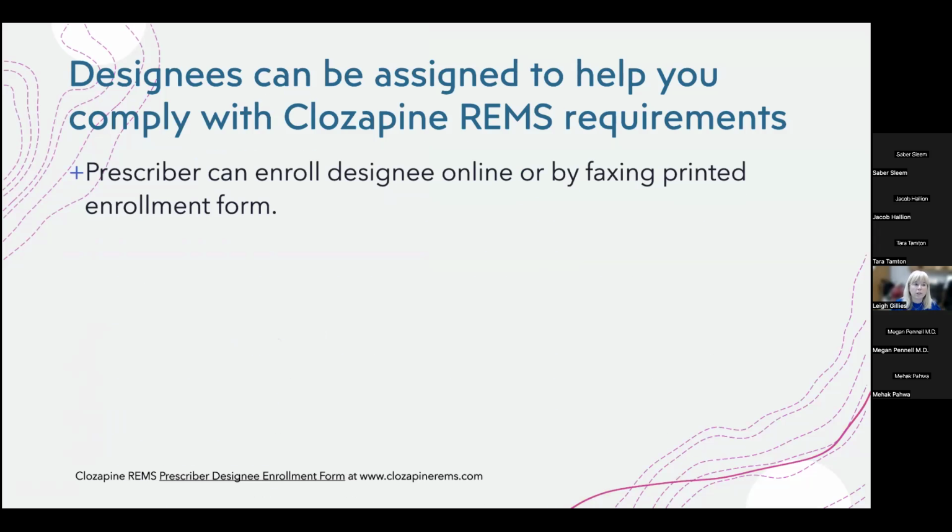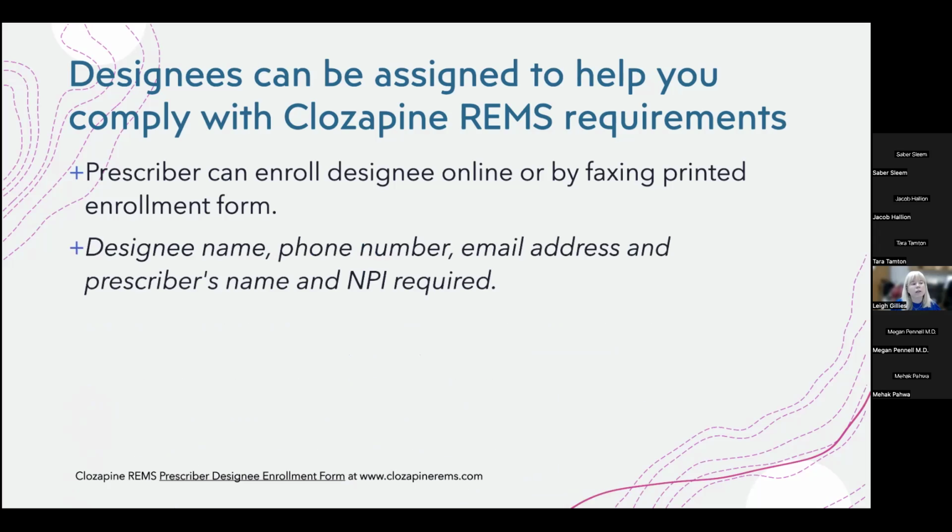So good news is you can phone a friend for this. You can assign a designee to help you keep up with the REMS requirements. The prescriber can enroll a designee online or by faxing a printed enrollment form. They will need the designee name, phone number, email address, and prescriber's name and NPI.